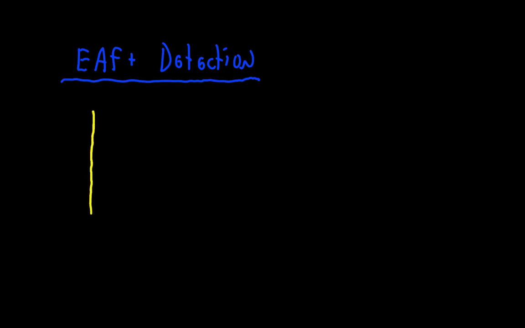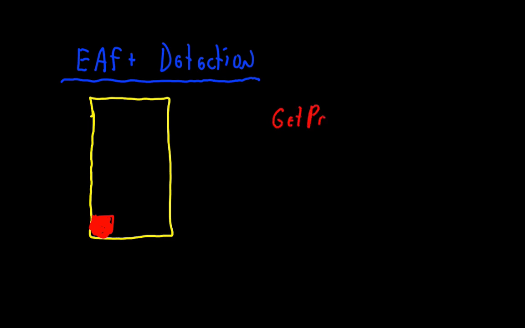Here we have a process, and within this process, we have our memory-injected DLL or our shellcode. Now, one of the first things our shellcode or memory-injected DLL have to do is find the address of GetProcAddress and LoadLibrary.